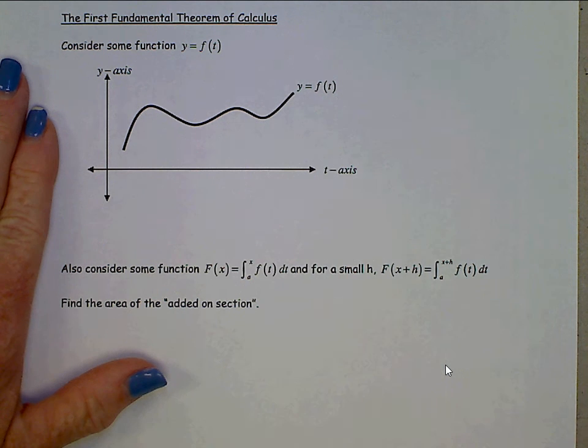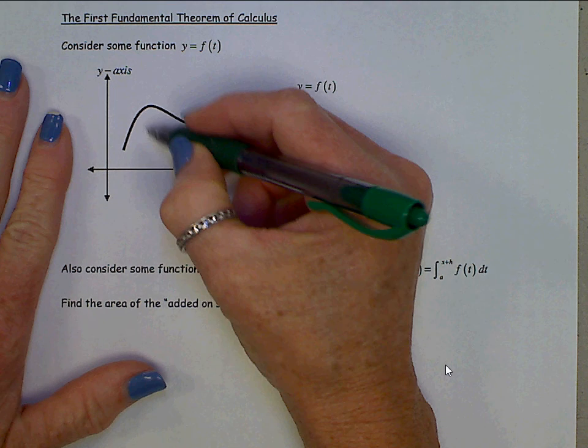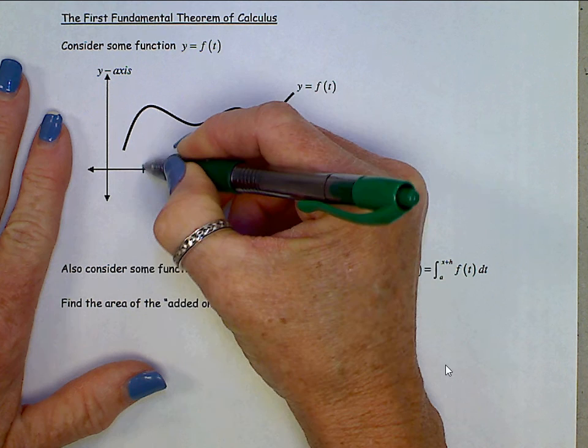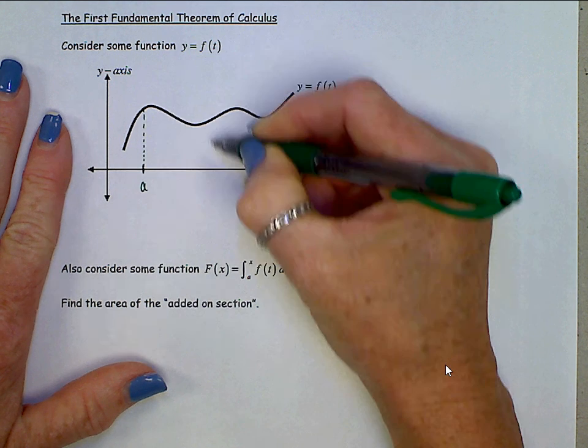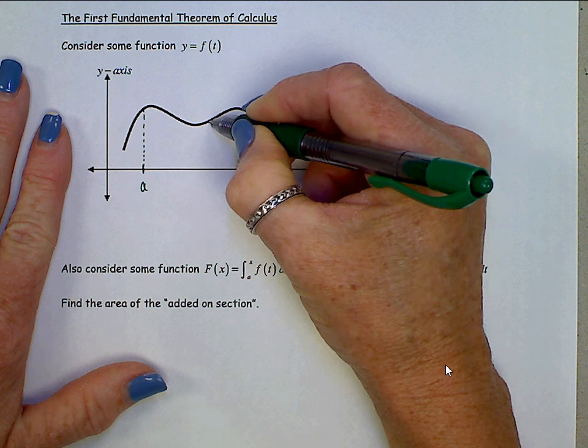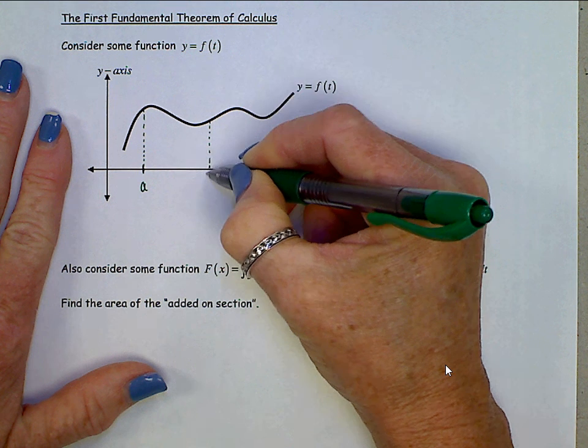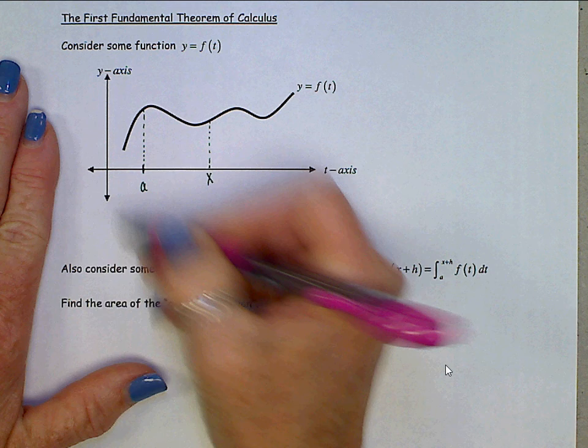And if we put this up here, kind of to put a visual on it, here's some spot A to some spot X right here. And this A is constant.